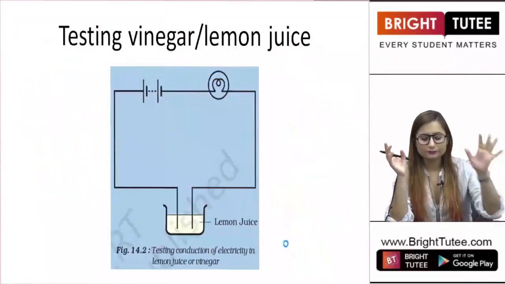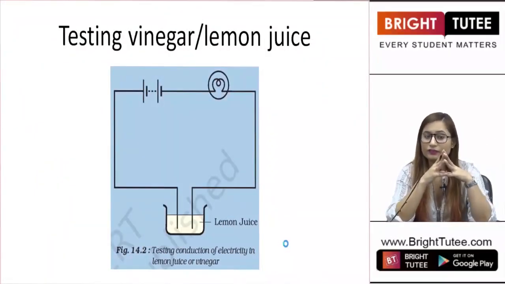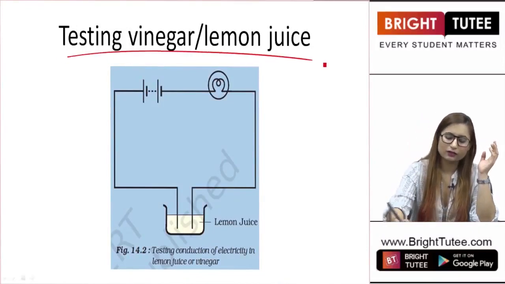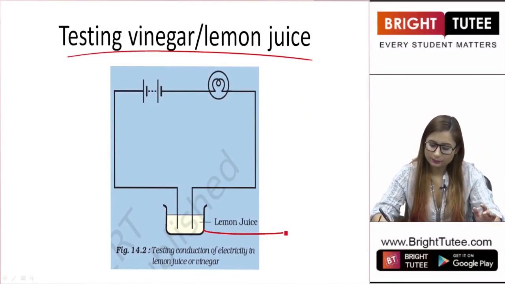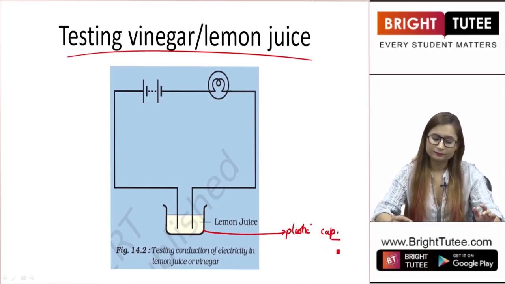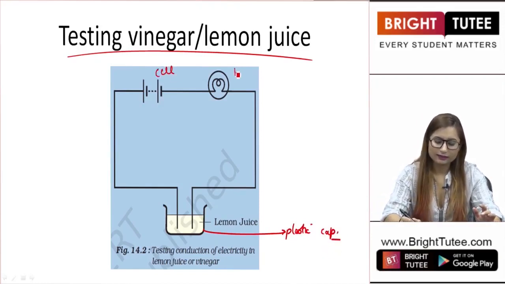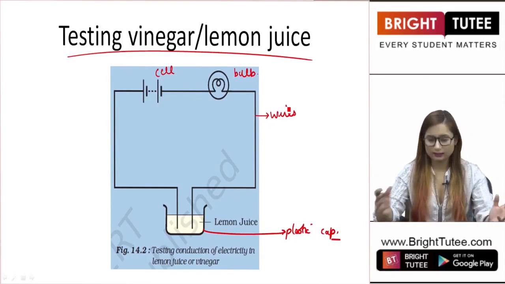So students, let us start with the first activity that we have in front of us, that is testing vinegar or lemon juice. Now what are we doing? This is a plastic cap. Now this is a cell and this is a bulb. These are wires completing the circuit.